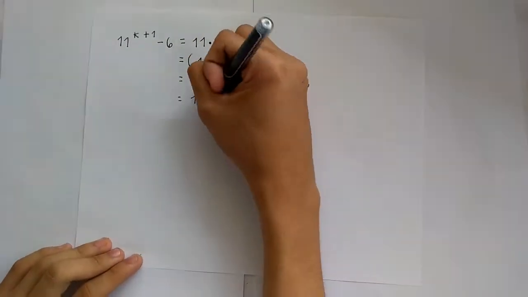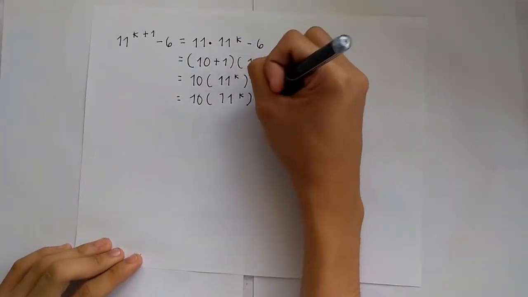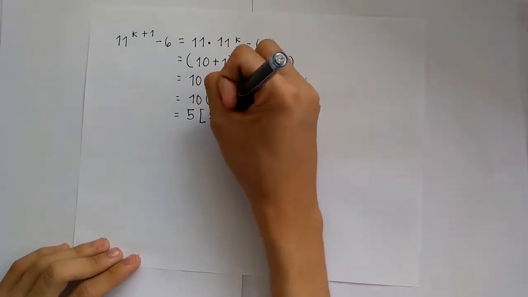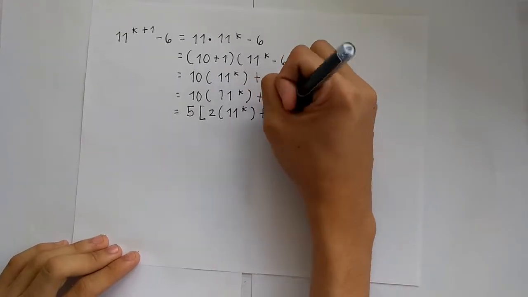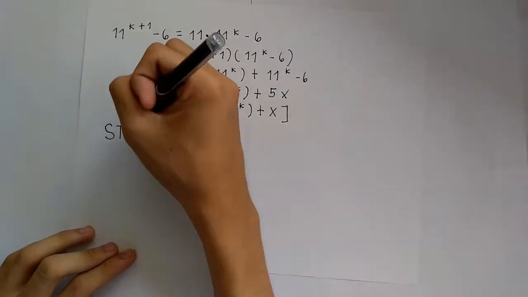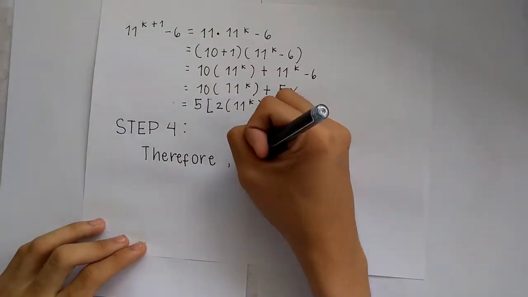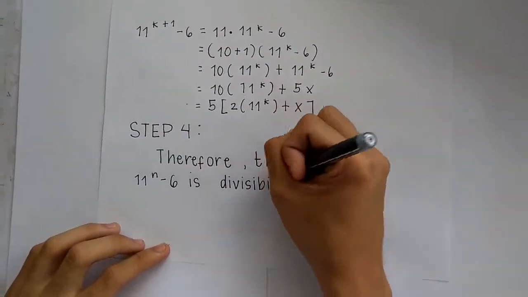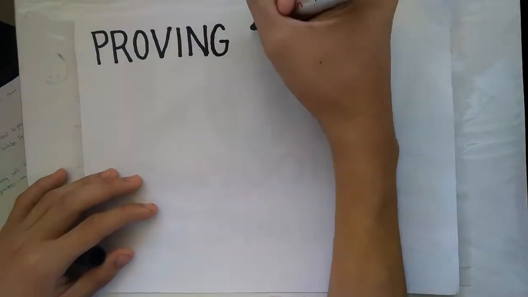Bring down negative 6. 11 raised to k minus 6 is equal to 5x. Substitute it. Factor 5 from the expression. Step number 4. Therefore, the statement 11 raised to n minus 6 is divisible by 5 is true.